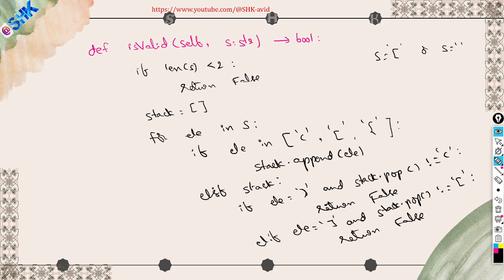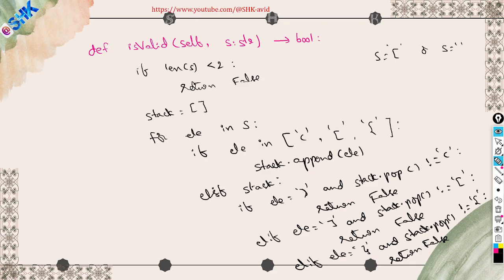The third valid pair we are going to check is elif, if the element is the closed curly brace type and the stack dot pop is not equivalent to the open curly braces, then also we go for return false.